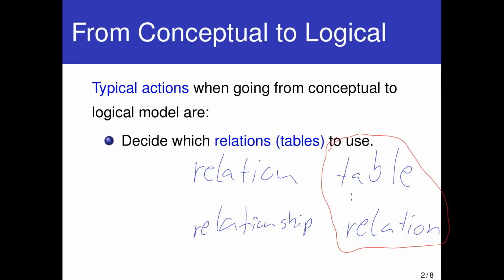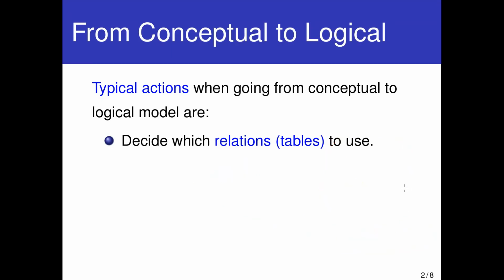We can say that the column to the right is what actually exists in a database, while the column to the left is the relational model. Okay, right, so enough about that. In the logical model we decide which, maybe in the logical model we should call them relations. Okay, never mind, I will say tables.